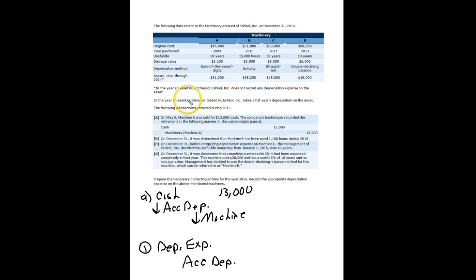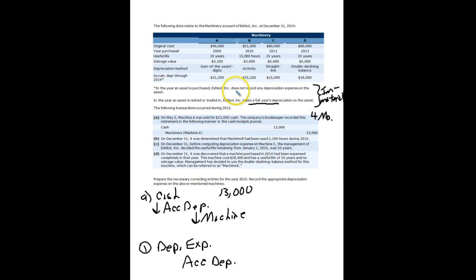All right, let's go up here. We can see in the policy, in the year the asset is retired or traded in, they take a full year's depreciation. Okay, because normally here we would only do 4 months depreciation, right? Because they only held that asset 4 months. But because of this policy, and we're going to see these two policies, they're only going to exist because of immateriality.